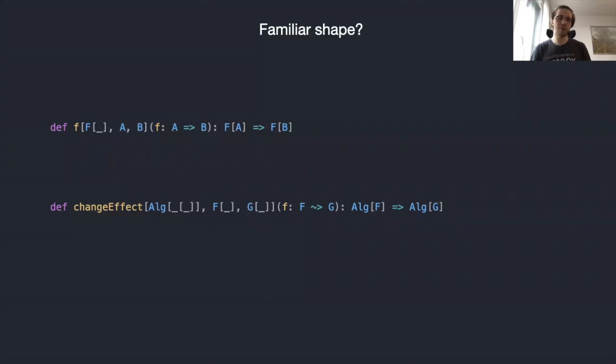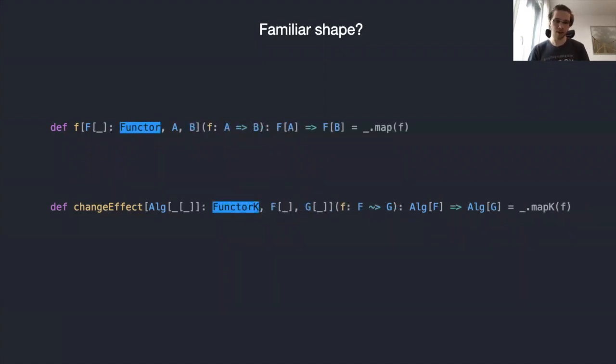And we have a similar pattern somewhere else in functional programming, in which we go from a function from a to b to a function from f of a to f of b. And that's a functor. That's mapping on a functor. It's pretty much the same. And in our case, we will need something more than a functor. We will need a higher-kinded functor, let's say.